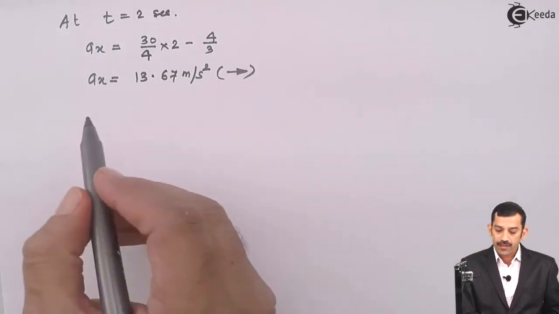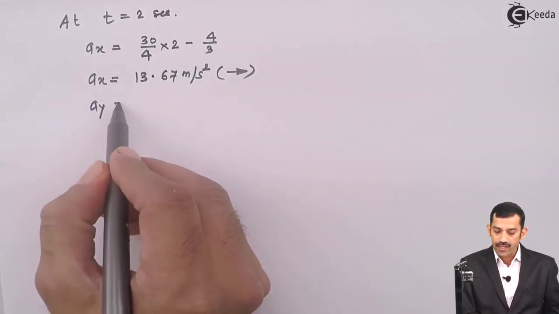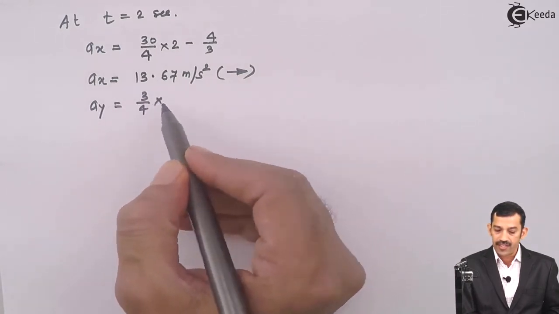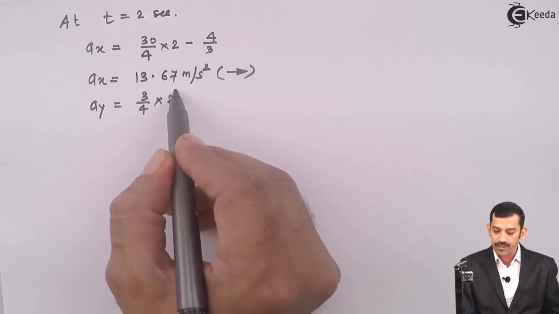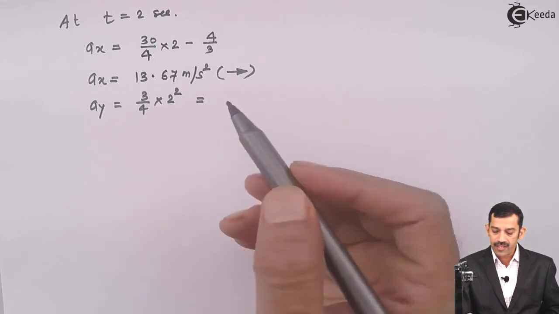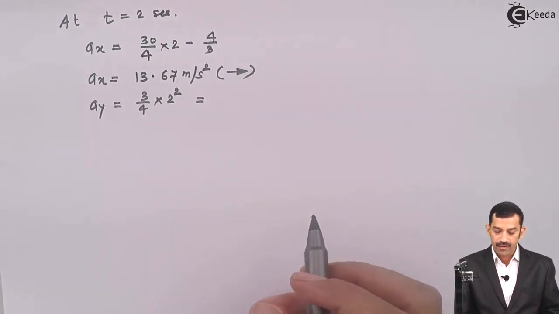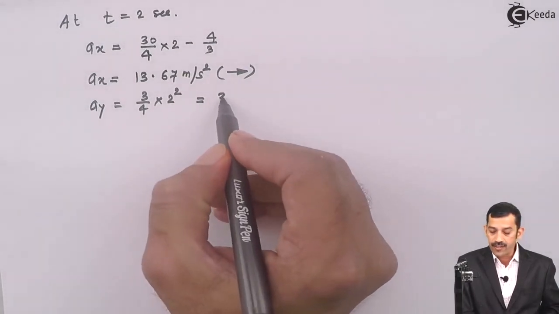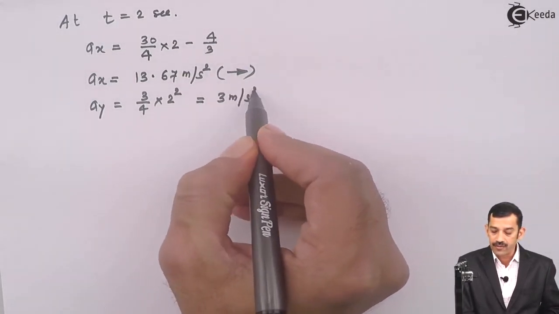Similarly, Ay, the equation of Ay is 3 by 4 into t square. t is 2. If I substitute 2 seconds and use a calculator, Ay comes out to be 3 meters per second square.